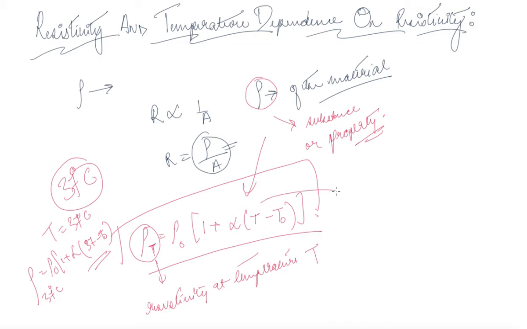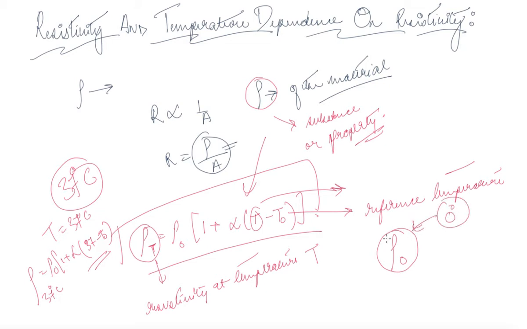Now T is the temperature and T naught is the reference temperature. Now, what is reference temperature? Say suppose for 0 degrees Celsius, you know that this is your resistivity. So you need a reference temperature.